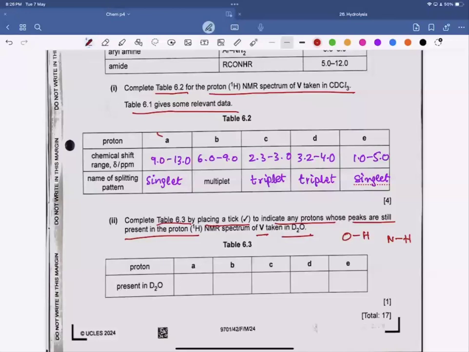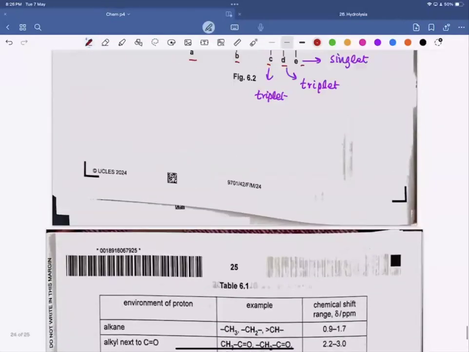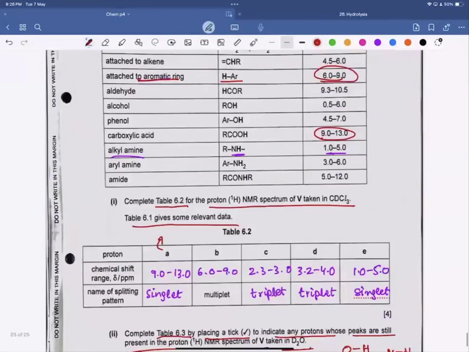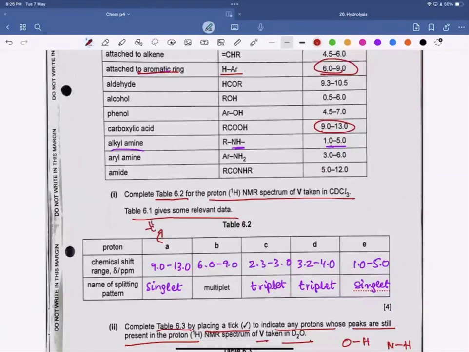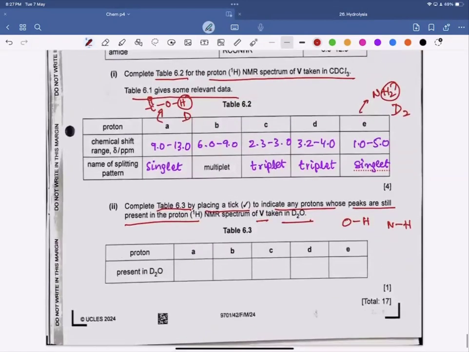A is a C double bond OOH, so this hydrogen is going to be replaced by D, and E has an NH2, so these hydrogens are going to be replaced by D2. So these two are going to be replaced, which means I'm going to put a tick on B, C, and D. Is this clear to all of you?